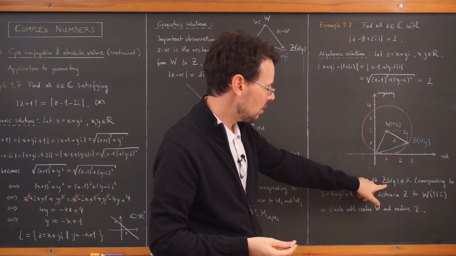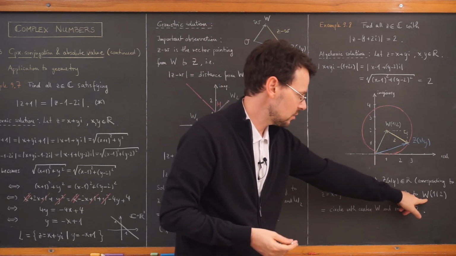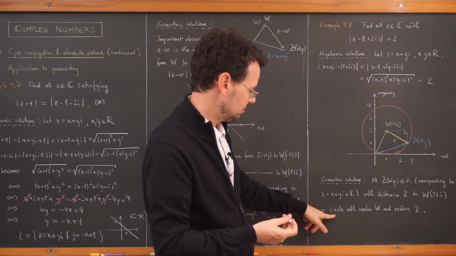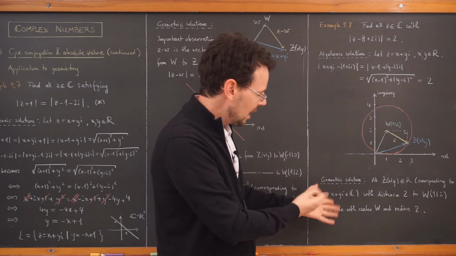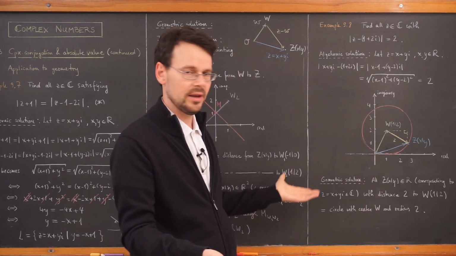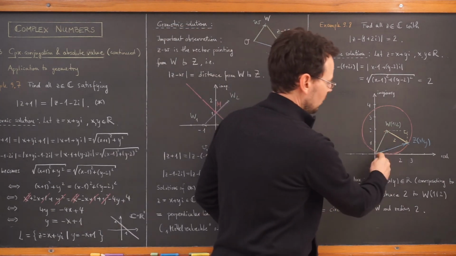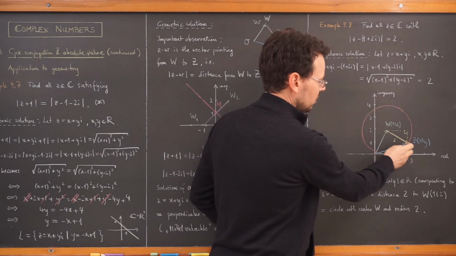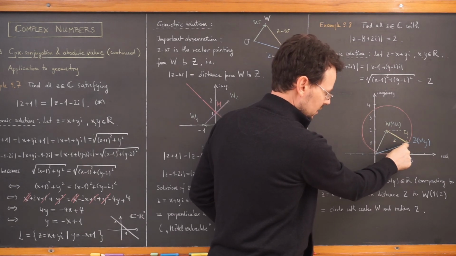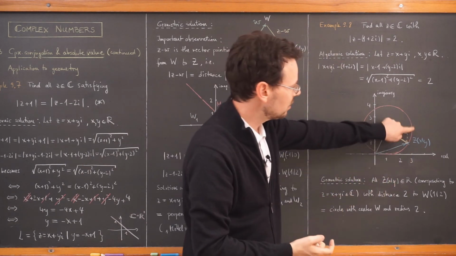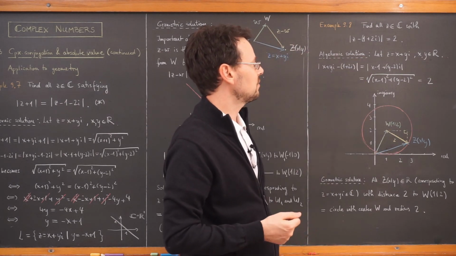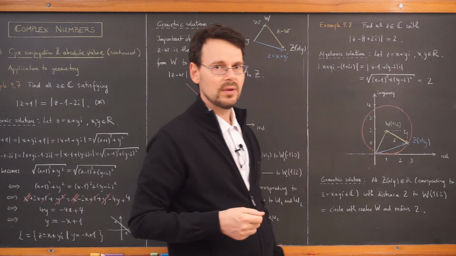If I'm looking for all the points that have a given distance to one point, they form the circle with center w and radius 2. Done. Okay? So here I'm looking for all the blue arrows that have the property that the length of this yellow arrow pointing from w to this endpoint has length 2. And then, of course, all the points on this circle satisfy this equation and the other way around.